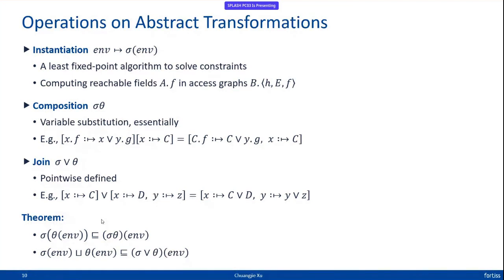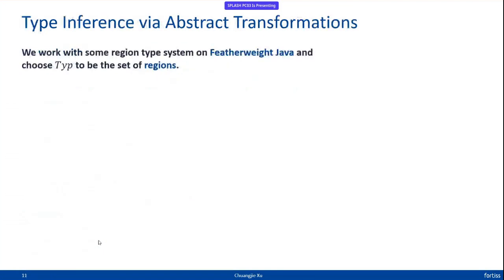I want to combine something first, and then later I use this combined abstract transformation to update the environment in one go. And of course, our combined one is less precise than the original one. That's something we have to pay. We have to trade off efficiency against precision, or the other way around. There's nothing for free. Okay, so these are the operations.